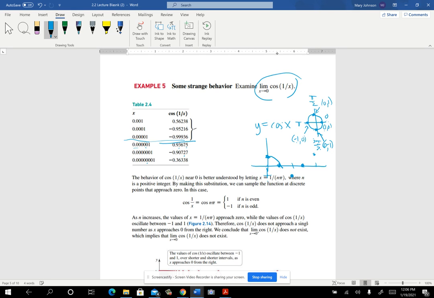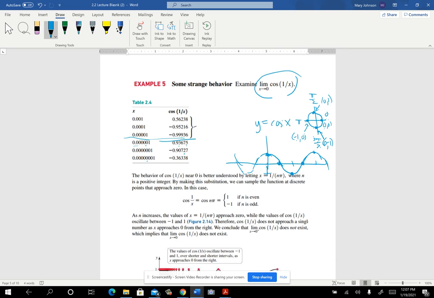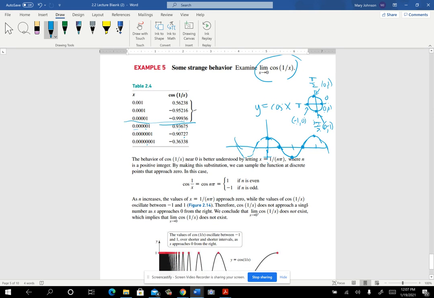Cosine is the one that starts at 1 and then does this. You can keep going. Okay? All right, now, to analyze this, what they did, and you can read it too later, is they said, let's analyze specific spots on this.